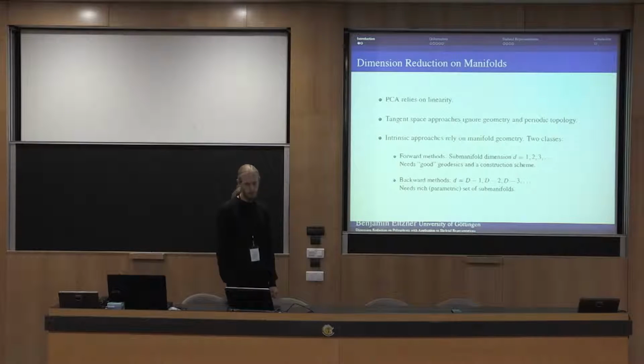And the other type of method is backwards methods, where we increase codimensions, so we reduce the dimensions step by step. And this means we really find submanifolds, and we need a good parametric set of submanifolds.